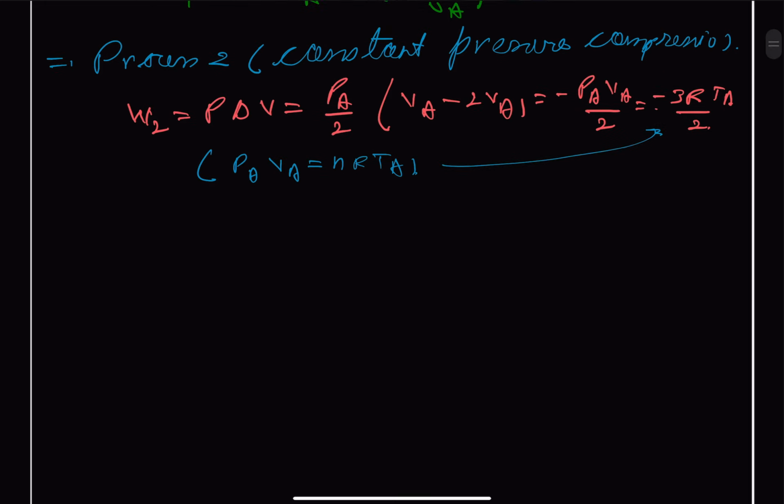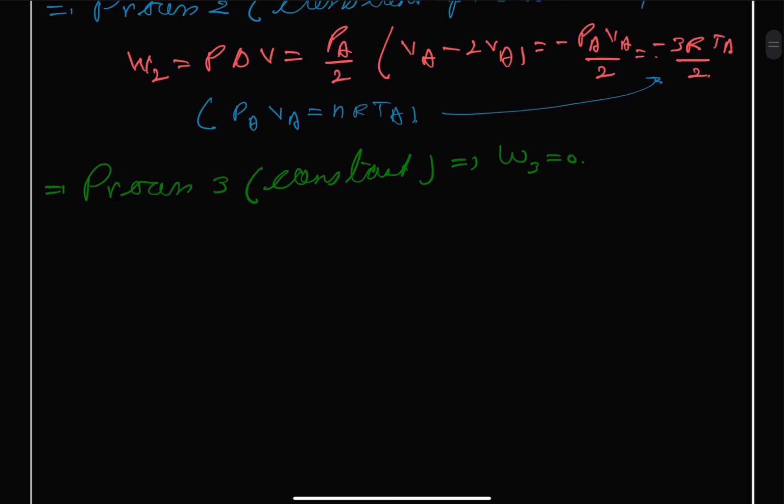Now we have our third process. Process 3 is constant volume, so W3 will be equal to 0.